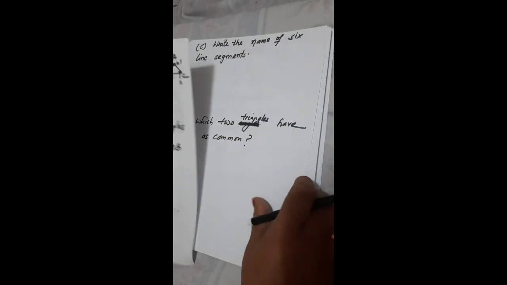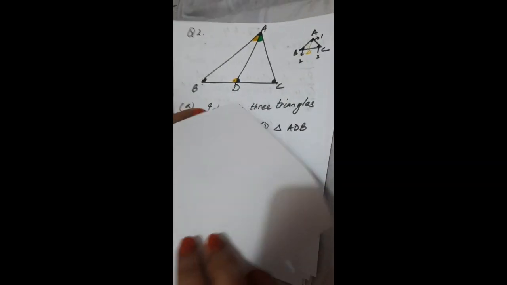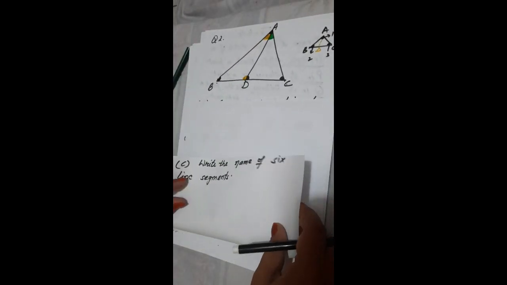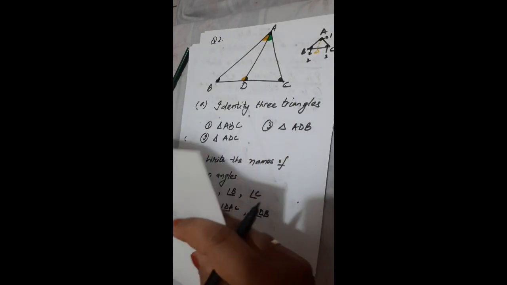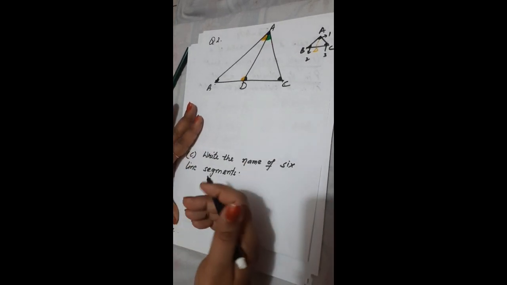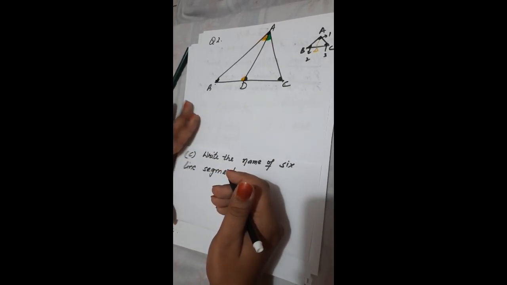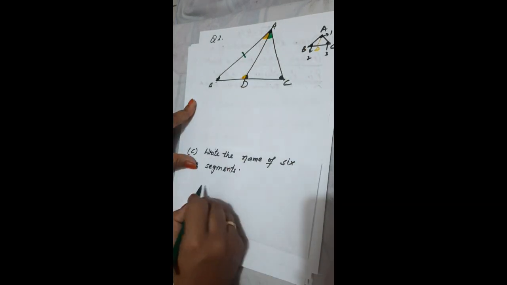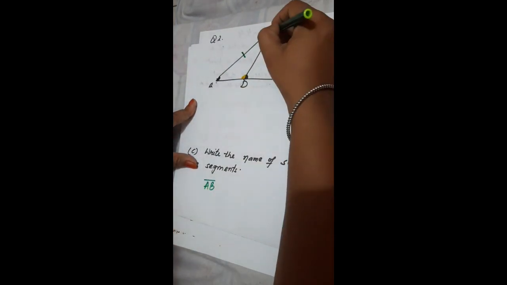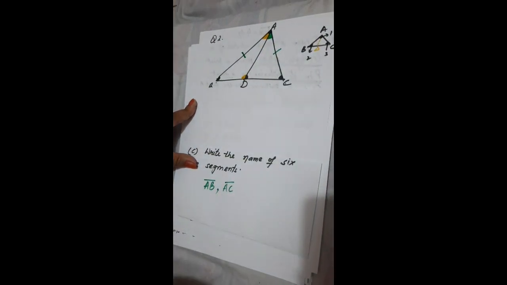So this is your B part. Now next we have the C part, and here you have to write the names of 6 line segments. As we know, line segments means which have endpoints. So let's find out. This is your first line segment, AB. Then I have AC, second.